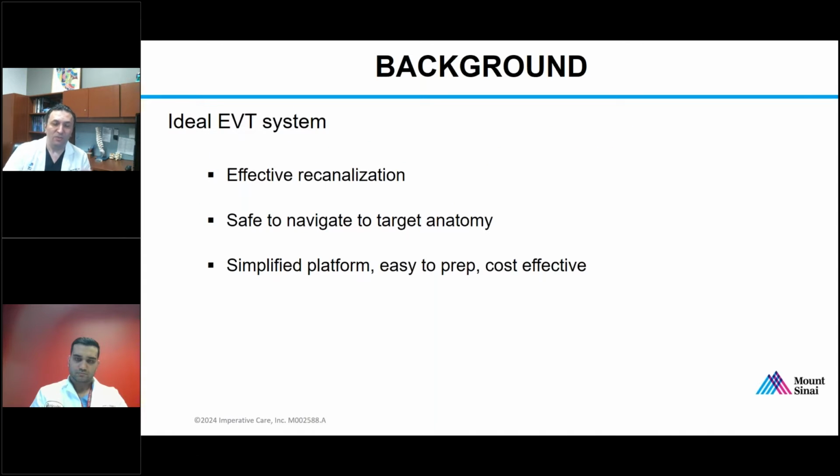So more than ever, we need to realize how important it is to have an ideal EVT platform which provides effective recanalization, safe navigation to target anatomy, and at the same time is a simplified platform which is easy to prep and cost effective.